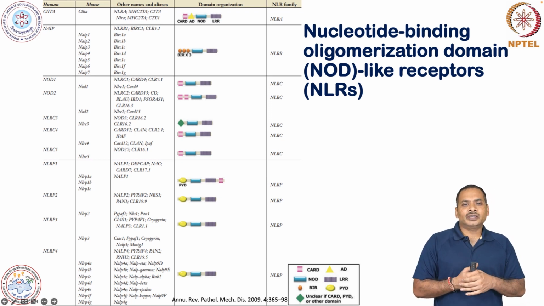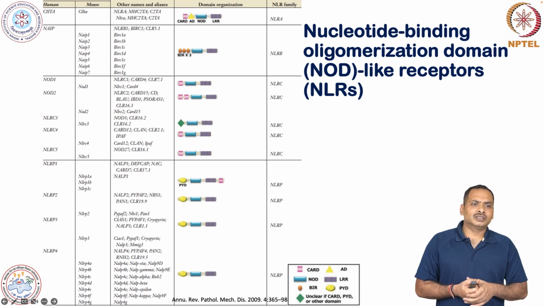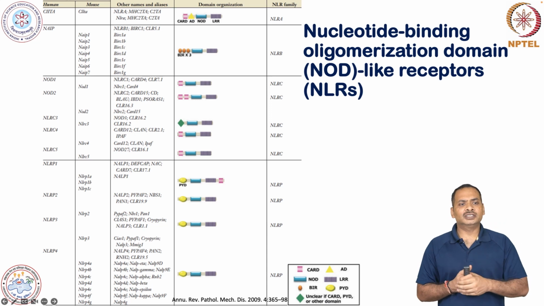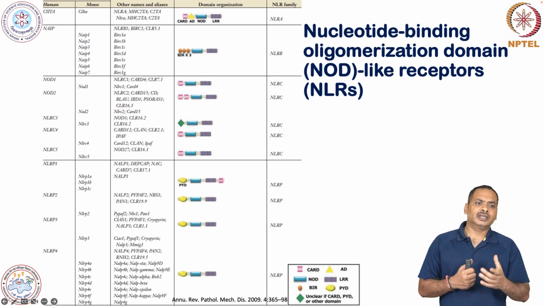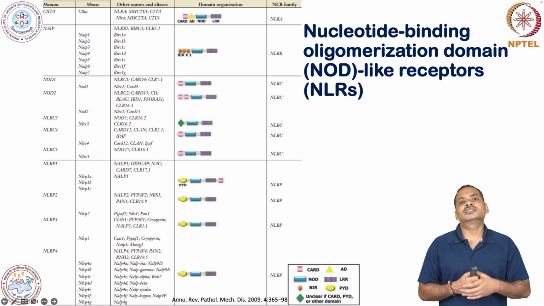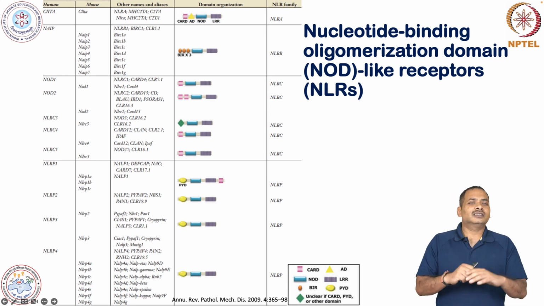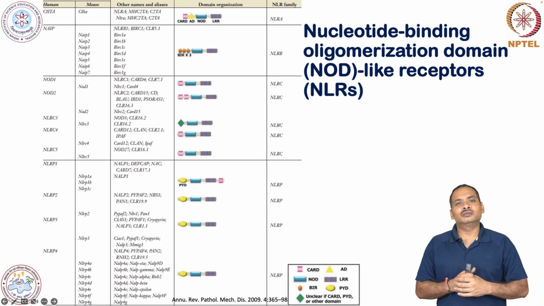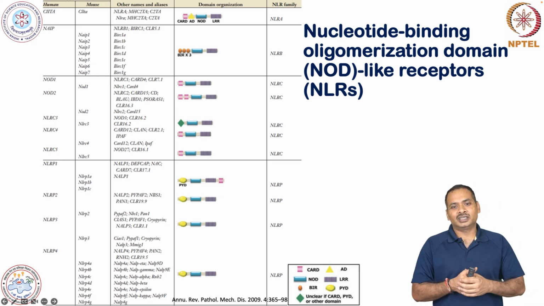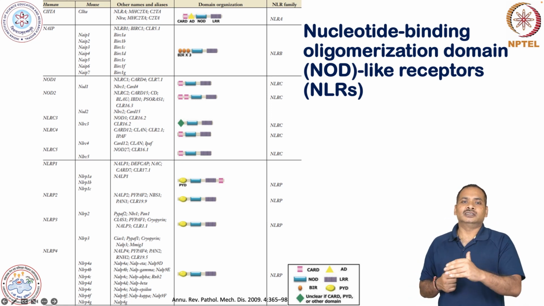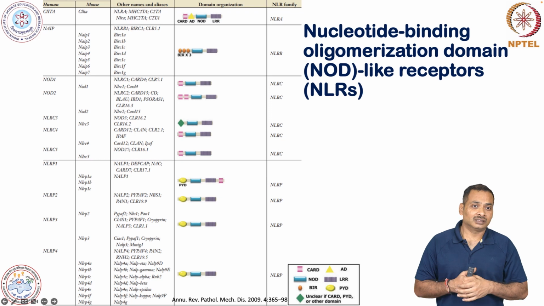Here, if you notice, these proteins NOD1, NOD2, NLRC3, NLRC4, NLRC5 all have a CARD domain, and based on domain classification these proteins are grouped together and called NLRC, CARD domain containing NLRs.